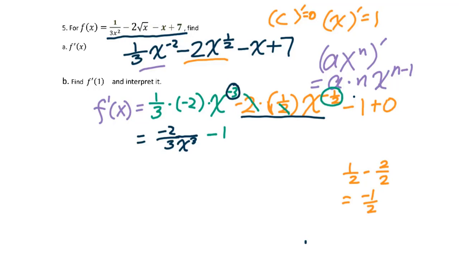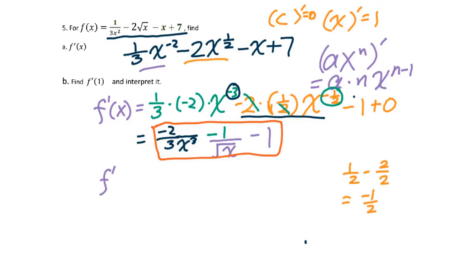Negative exponents means go to denominator, so you get the square root of x, then minus 1. This will be the final answer for f prime of x. That's the derivative function or gradient function.